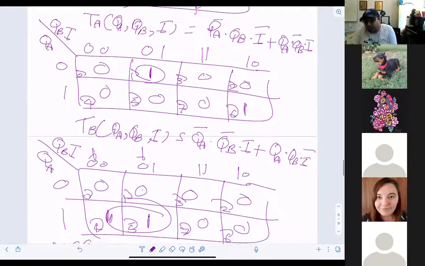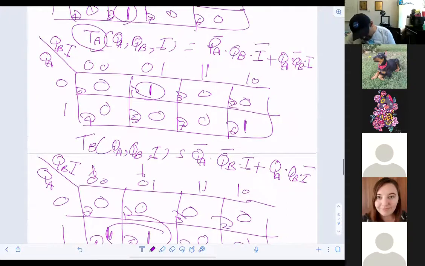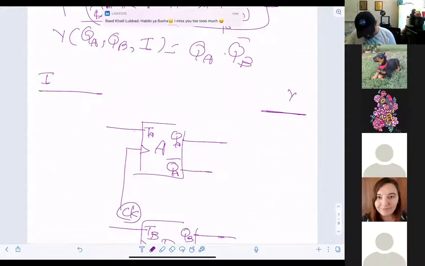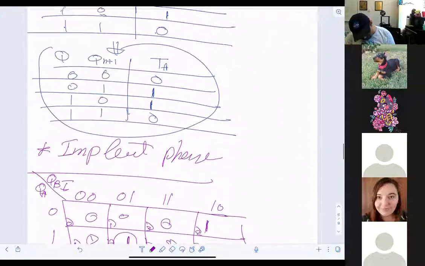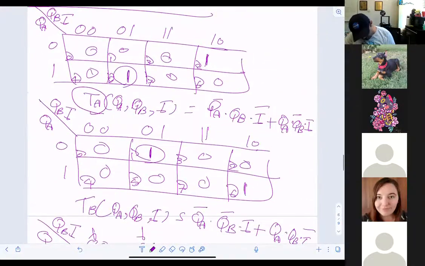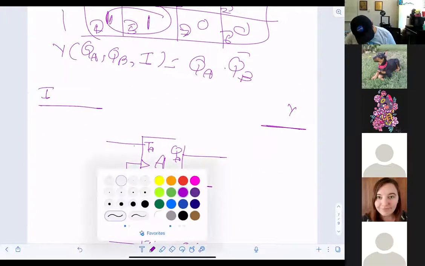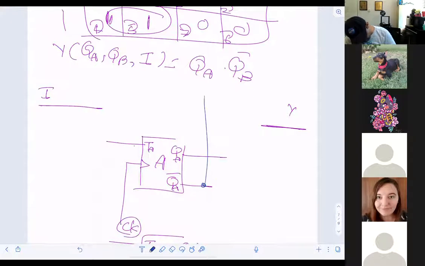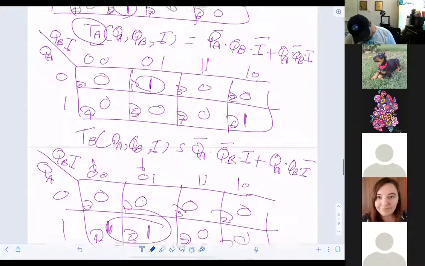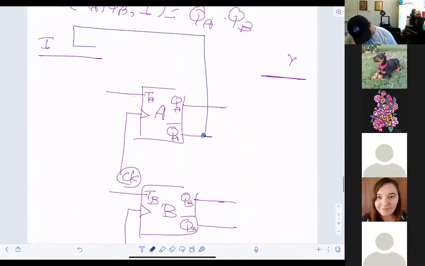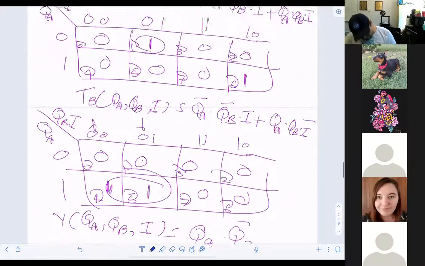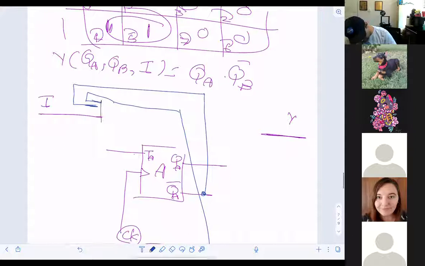What we're going to do, we're going to look at the equation and make the implementation. So TA, that means this input, TA, which is this input, where is it? TA, this input is the QA complement, right? Where's our QA complement? QA complement with QB complement, going with the I, ANDed like this, right?